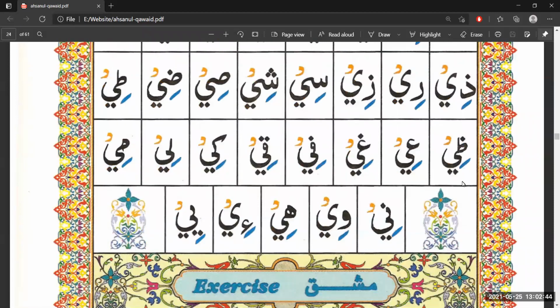Next line we have V, Ri, Fi, Qi, Ki, Li, Mi.